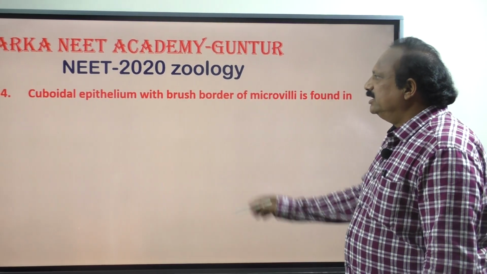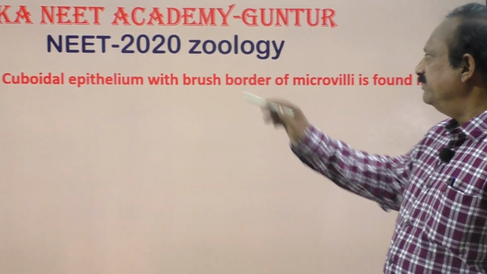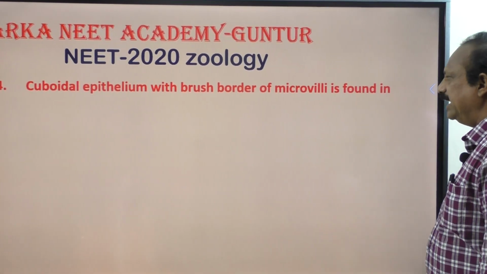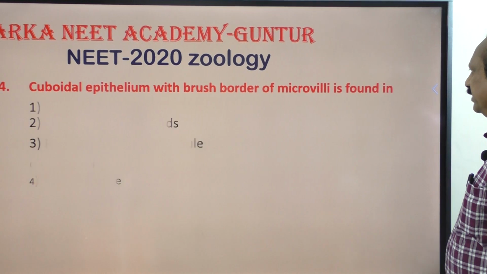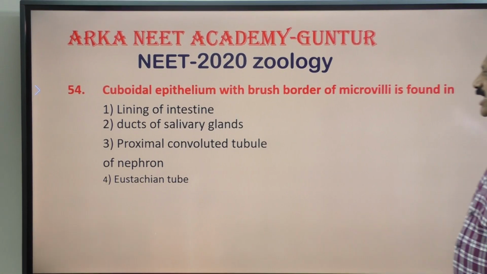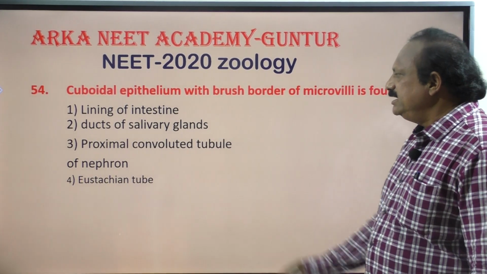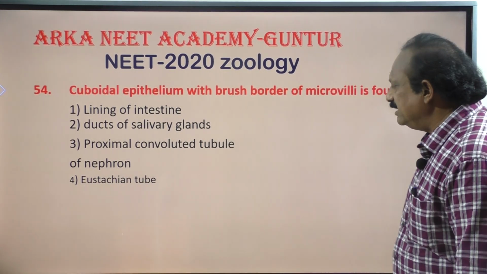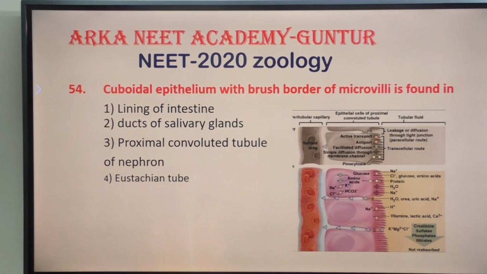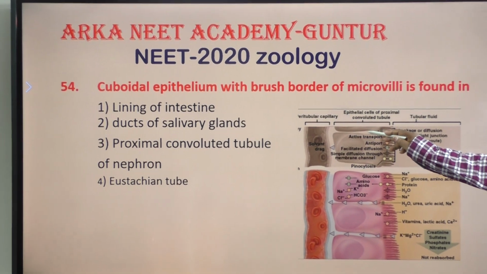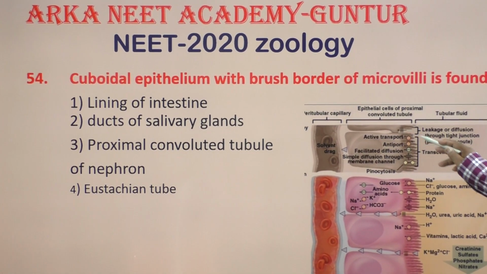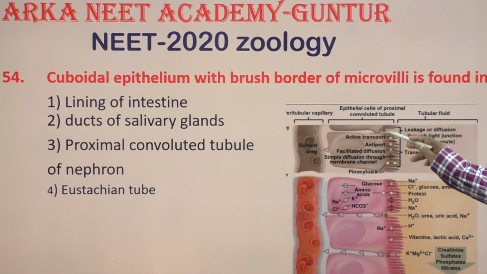Next, cuboidal epithelium with the brush border of microvilli is found in which structure? There is the lining of the intestine and the ducts of salivary glands like this. Look at this diagram. This is the cuboidal epithelium with the brush border.